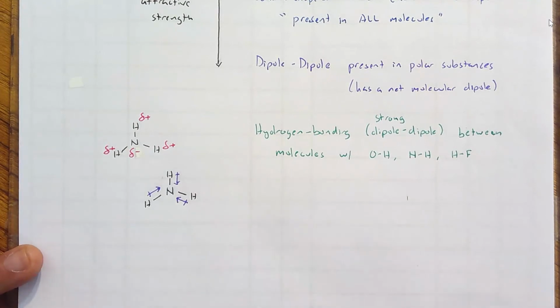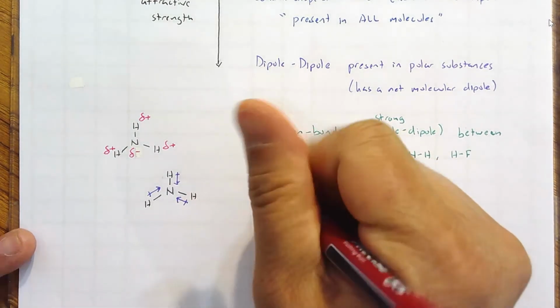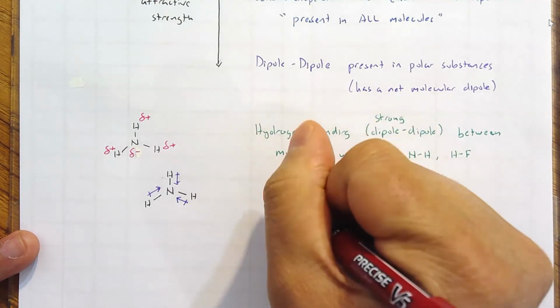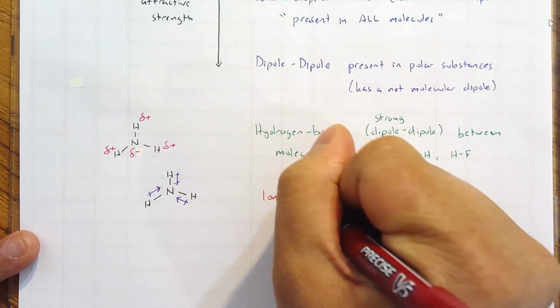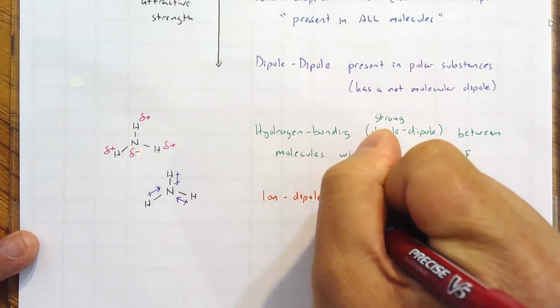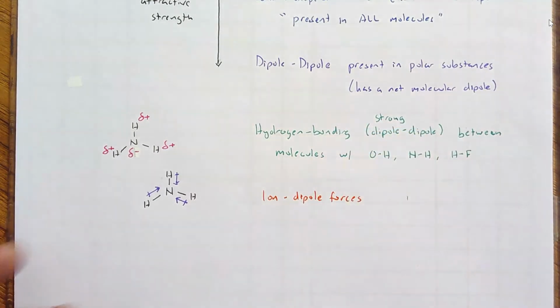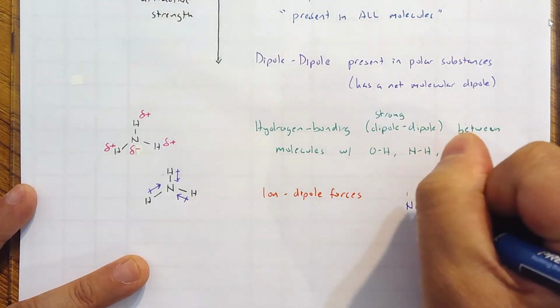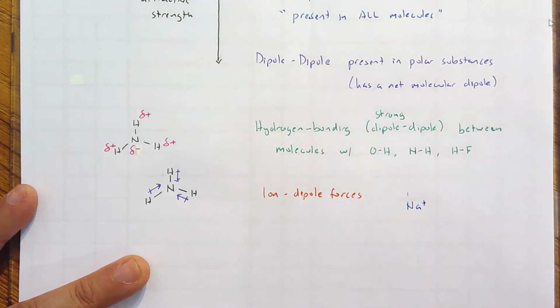And the last set of IMF attractions are ion-dipole forces. We see this with sodium chloride because you could separate the Na plus from the Cl minus. And let's draw water.